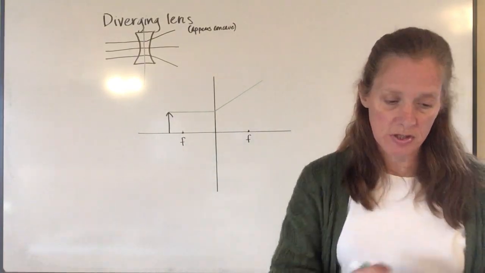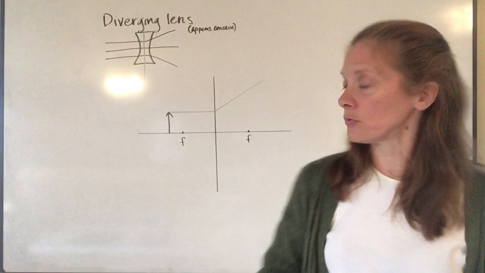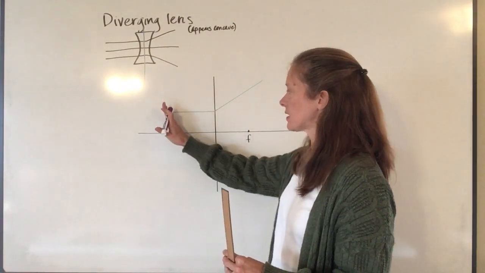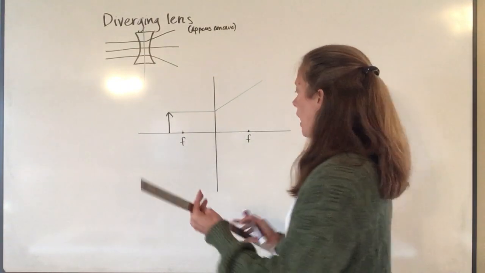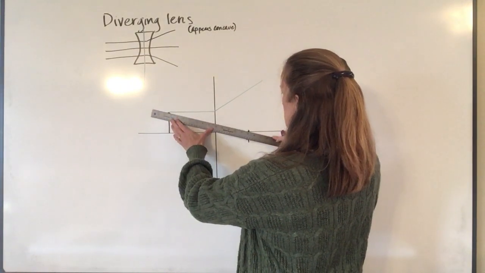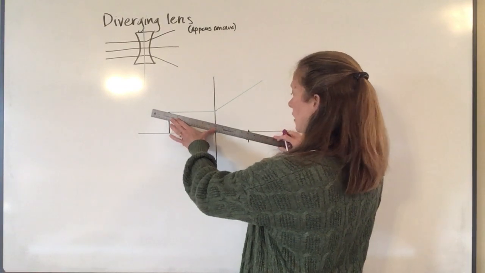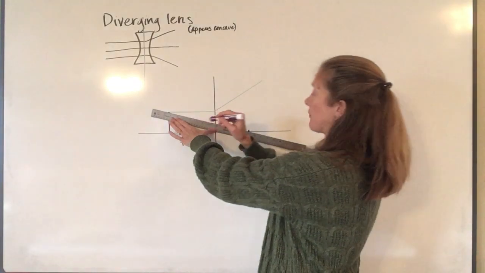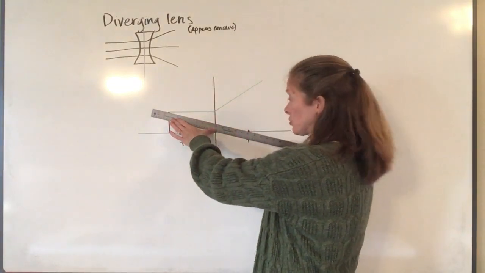Now I'm going to use that same type of reasoning on the next one. I'm not actually going to send this light beam through this focal point. I'm going to say, let's pretend that this light beam is going to go through this focal point on the other side. So if I'm drawing the beam on this side, I have to look at the focal point on the other side.